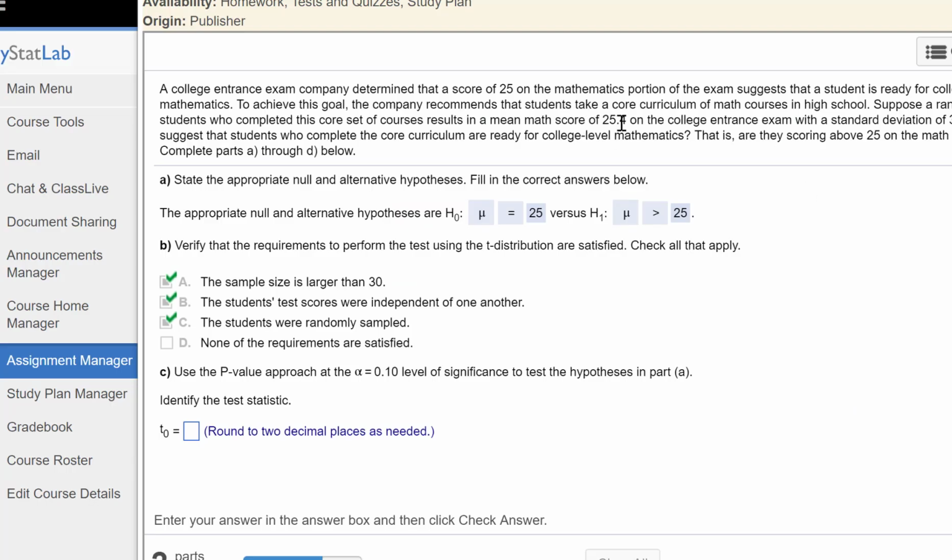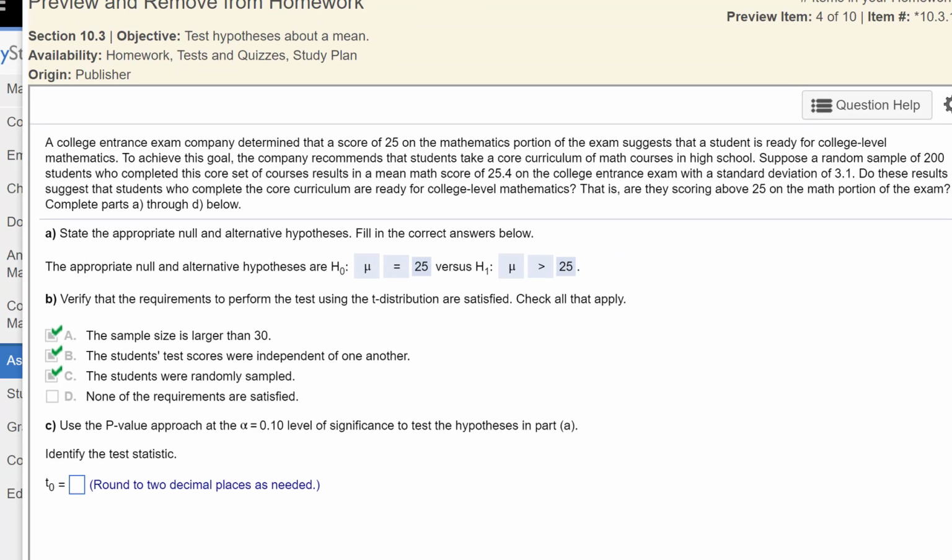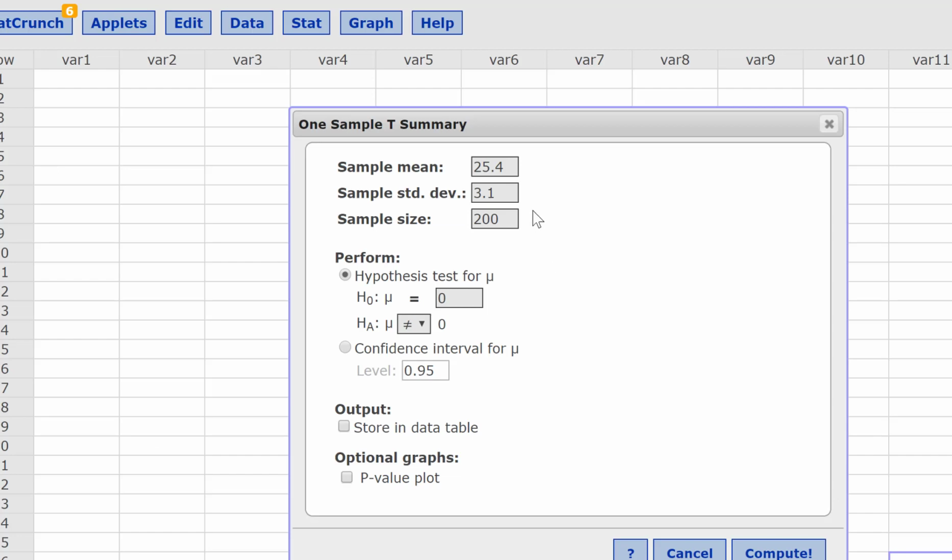So we see the sample mean was 25.4, the standard deviation is 3.1, and n was 200. We're performing the hypothesis test where this was 25, and we were hoping to be greater than 25, and press compute.